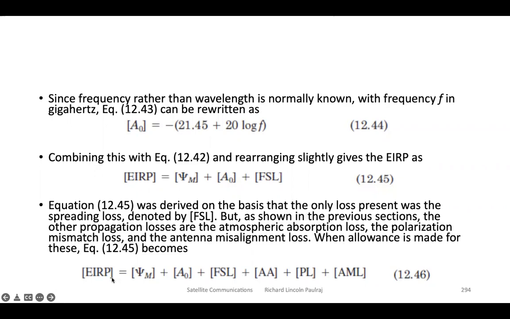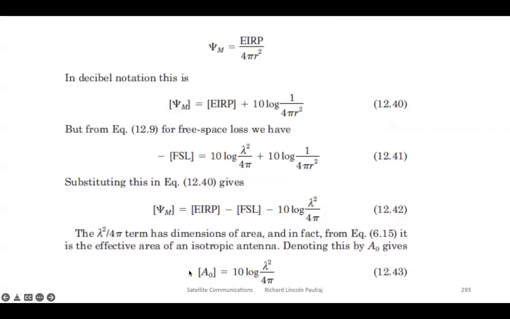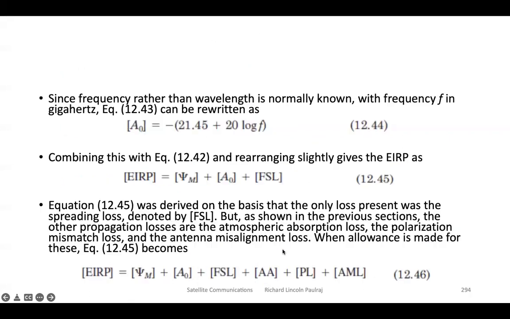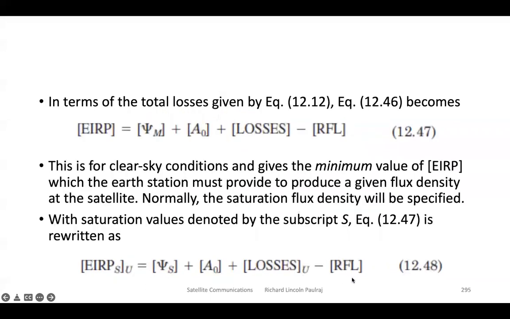So my final EIRP is going to be a combination of flux density, A naught, which is this term lambda squared divided by 4 pi, the effective area, and then FSL, EAPL, and misalignment loss. If the antennas are not aligned properly, that's what we get.